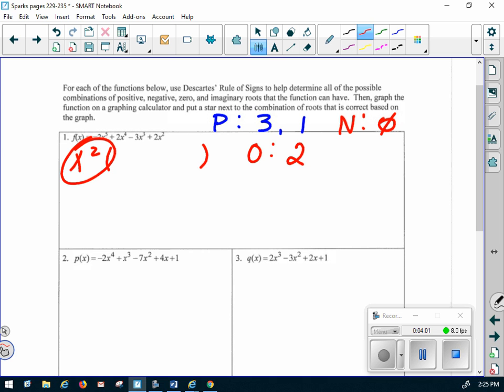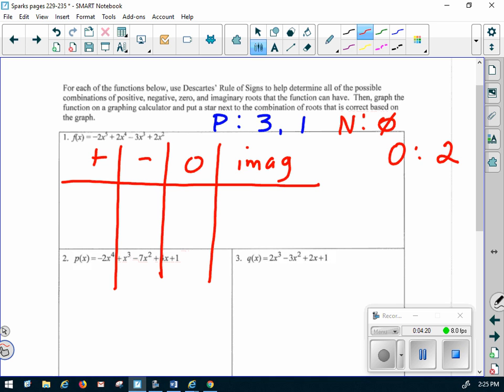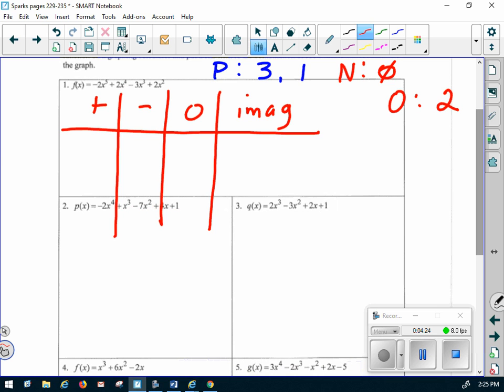Now let's make a table. And the table's going to go like this: positive, negative, 0, and imaginary. And we had 0 was a root twice. Okay. So we've got to play with the combinations of positives and negatives. If I have 3 positives, I could have how many negatives?